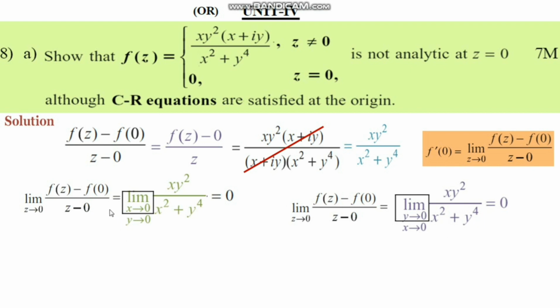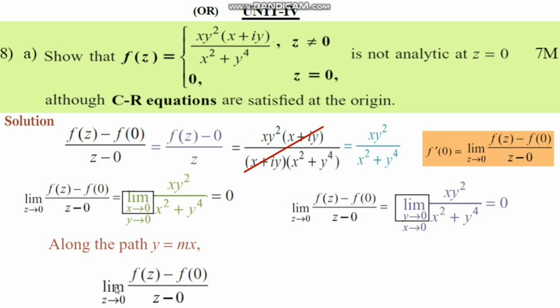So in these two directions, f dash of 0 has the same value, but now we consider the path y equal to mx, where m is a parameter. It is a generalized path.